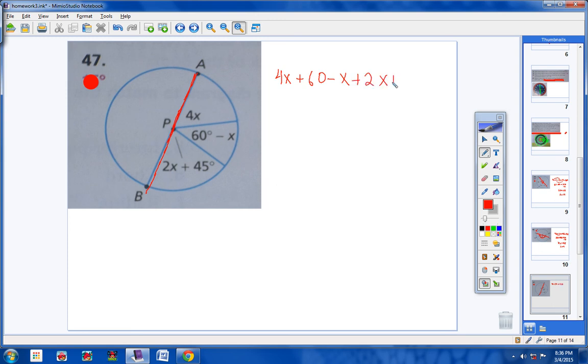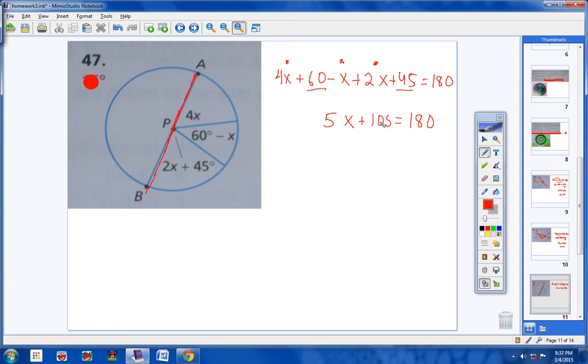So I've added all three angles together and said they have to equal 180. Now if you simplify your right side, you'll get 180. Simplify the left side, you have 3 x terms. 4 minus 1 is 3 plus 2 is 5, so 5x. Your constant terms are 60 and 45. That's 105.